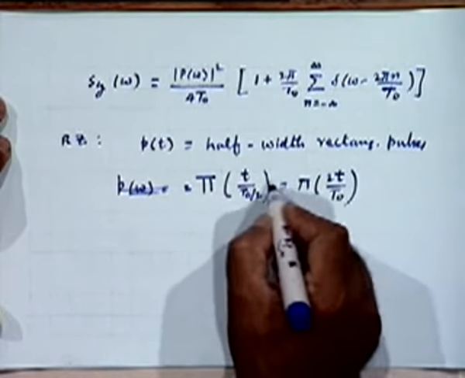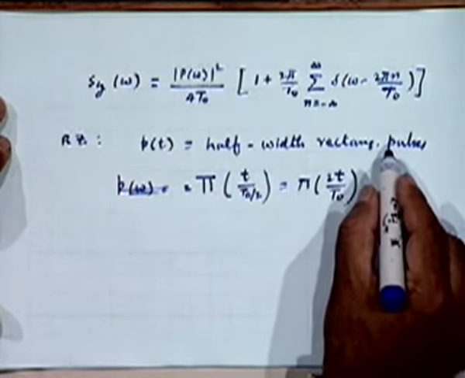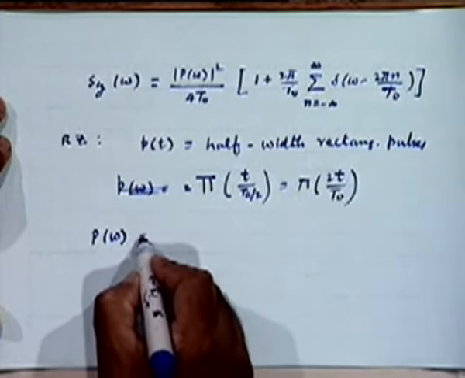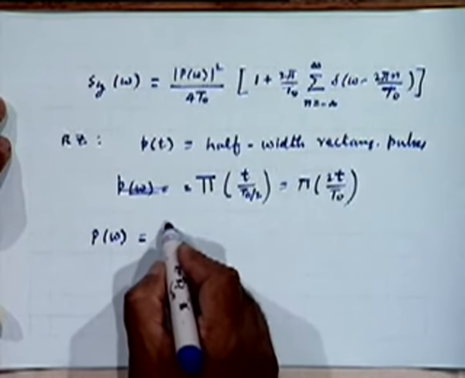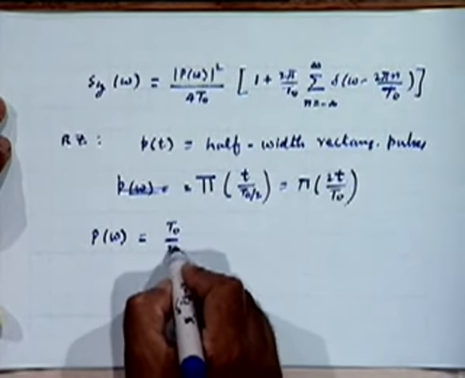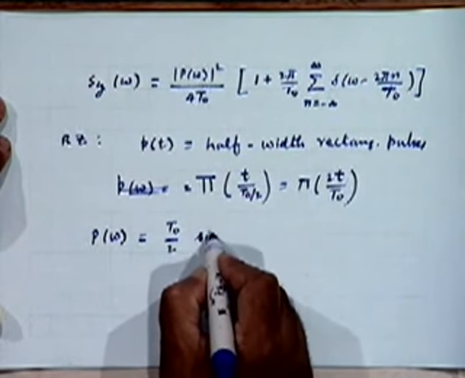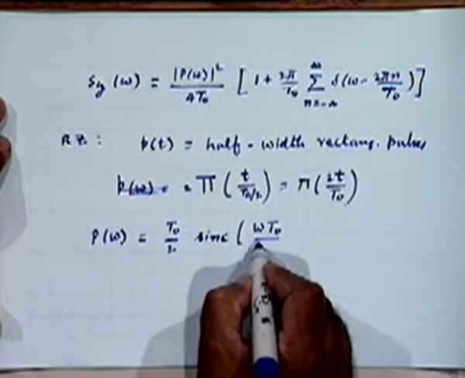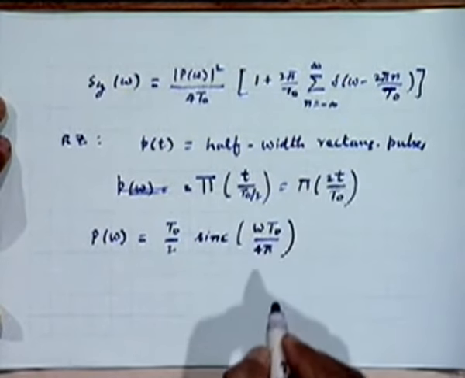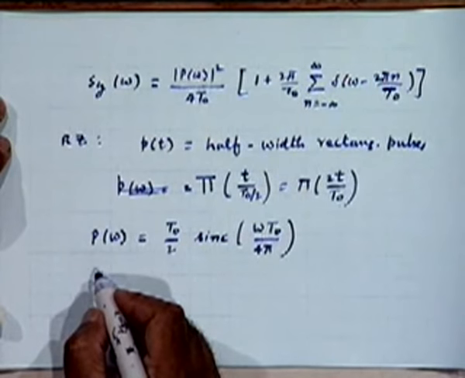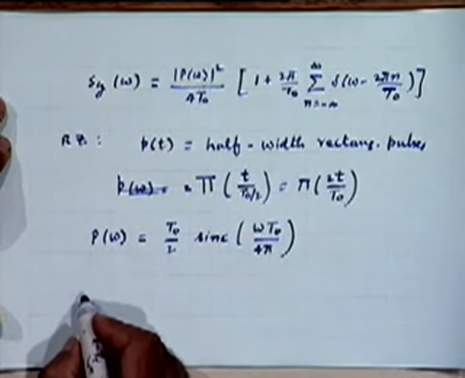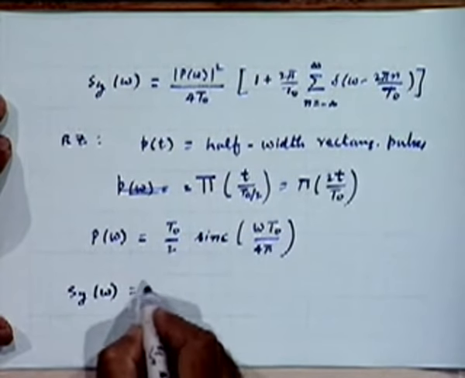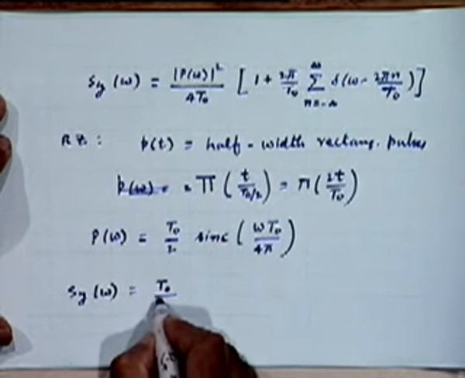This is just a notation for this kind of rectangular pulse. What is the Fourier transform of such a rectangular pulse? Sinc function. We will not really go into that. Assume that all of you can verify this or already know this. That is this function. And we get our final result, which we shall look at in detail now, which is this.